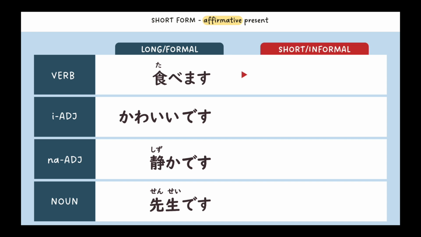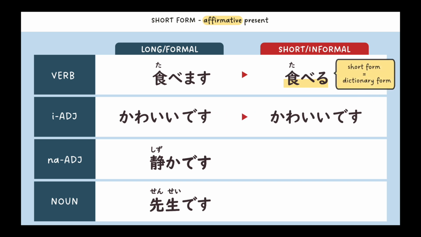The short form of the verb 食べます is 食べる. Notice that the short form is the dictionary form of the verb. For e-adjectives, we only need to remove です at the end to get the short form. So the short form of かわいいです is かわいい. For na-adjectives, we replace です with da to form the short form.